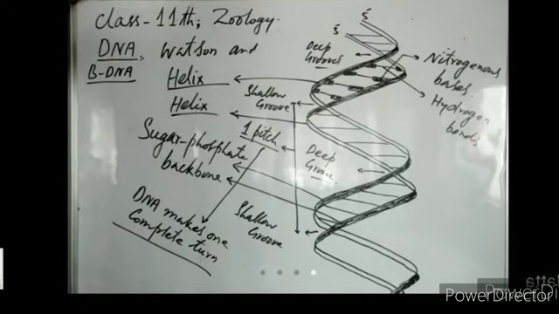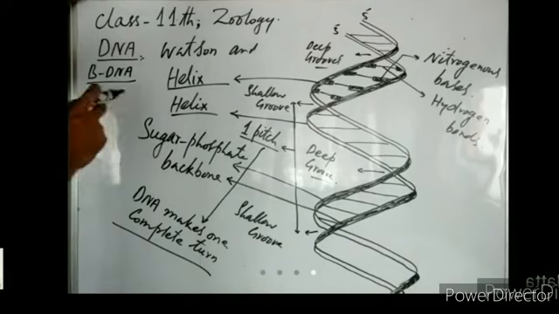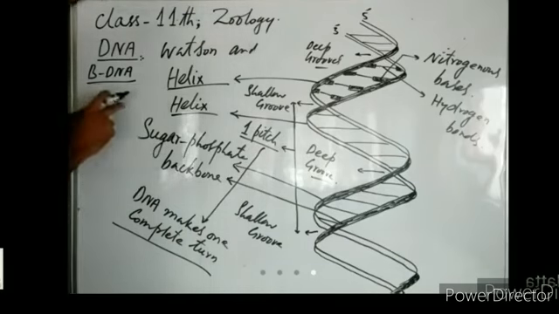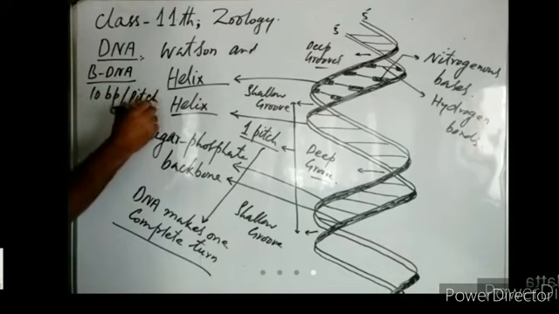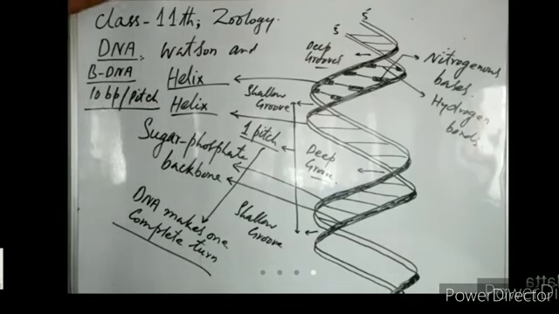There are different types of DNA: A-DNA, B-DNA, C-DNA, D-DNA, and Z-DNA. The DNA naturally found in living organisms is B-DNA. In B-DNA, there are 10 base pairs per pitch.